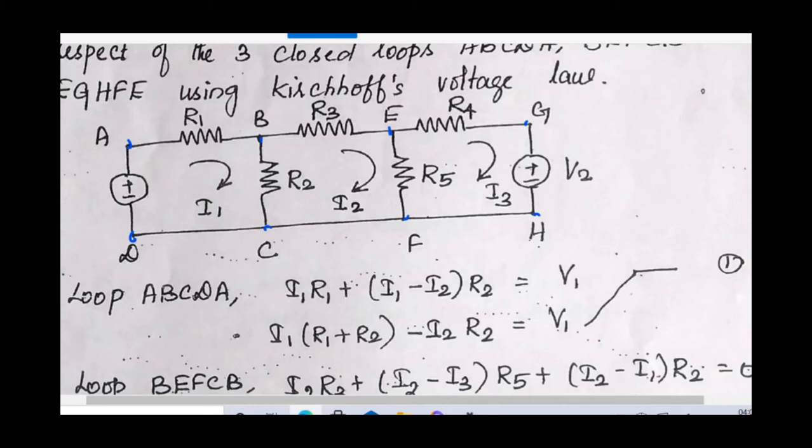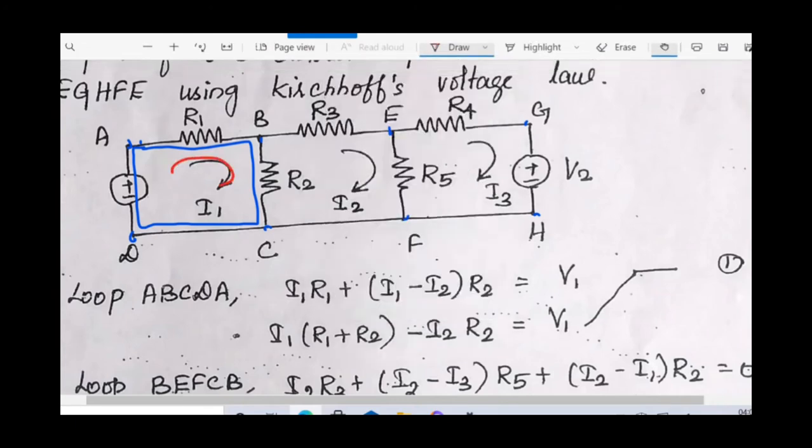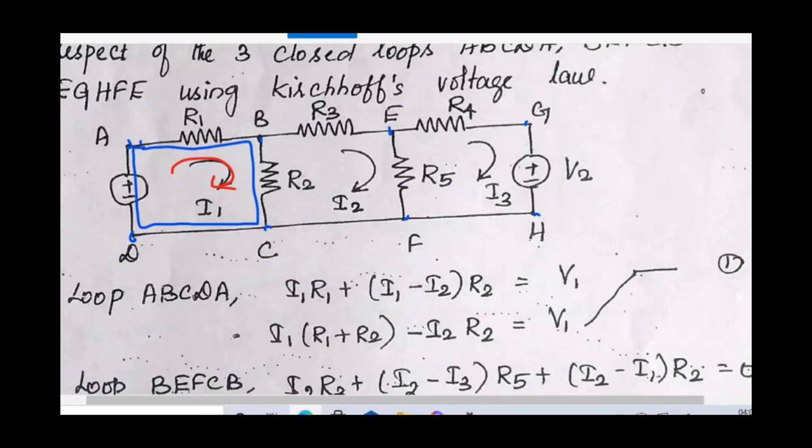Now I am considering a loop A, B, C, D, A. Loop means a closed path. If I consider a loop like this, then the loop current flows in this direction. Let it be I1. So this is our first loop.